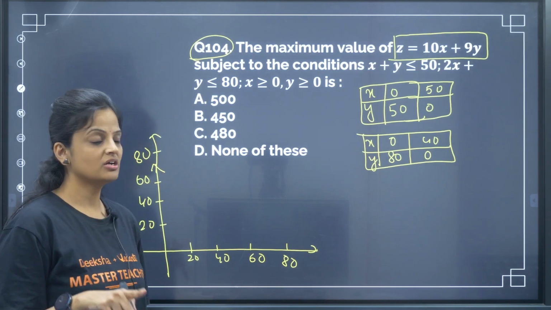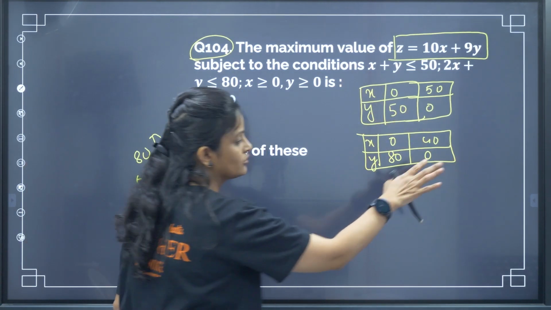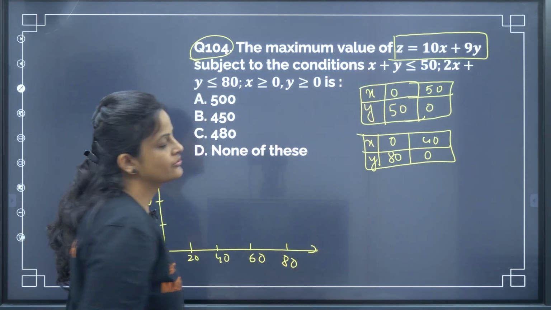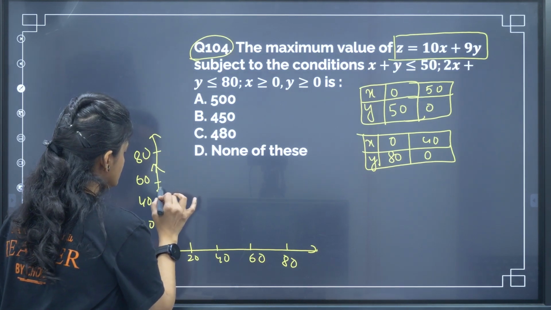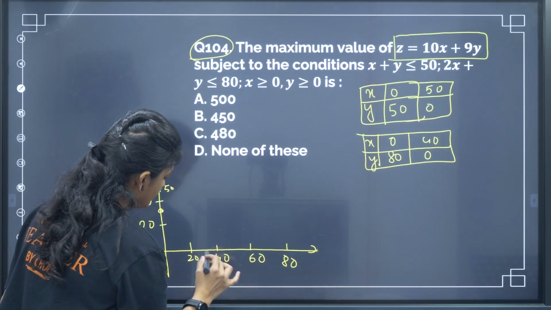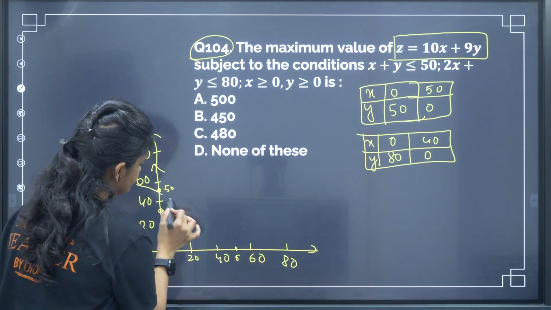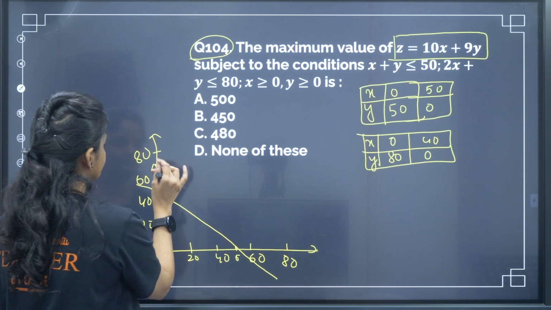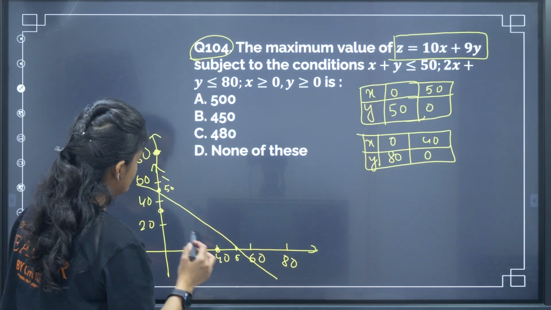To get the corner points, this is required. If you don't write this, also fine. Okay. In the equation, if I take 0, I am going to get 50. That much is enough. So 50 here somewhere and 50 here. From that one line you take. Roughly you take, no worries. 0 comma 80 and 40 comma 0.